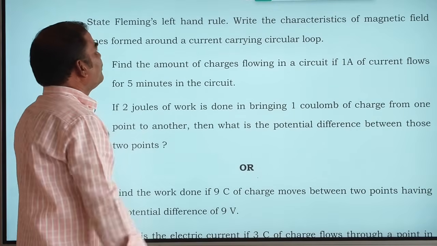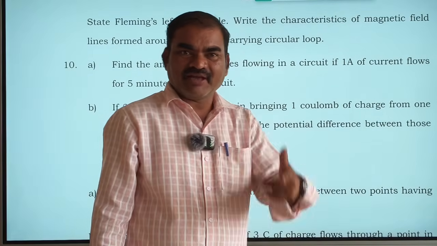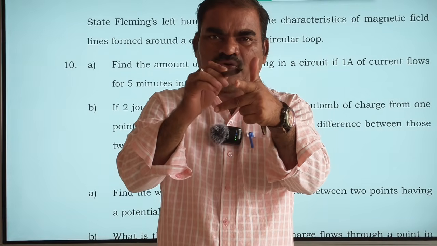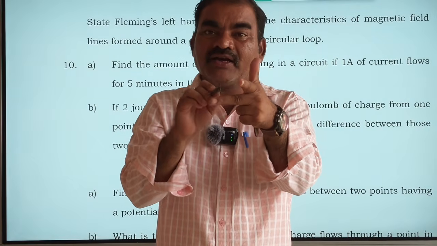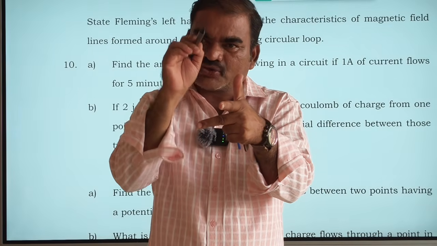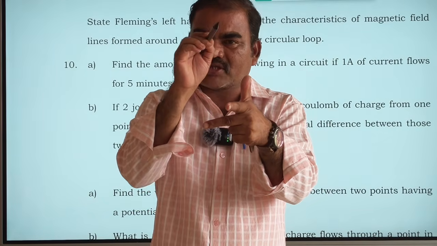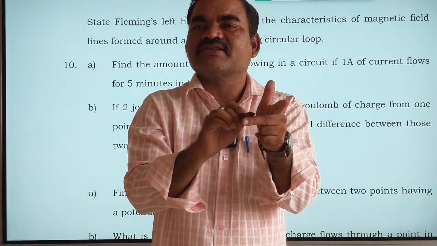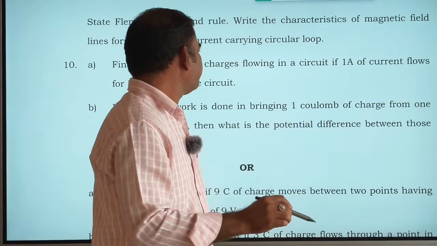And next one, Fleming's left hand rule. Hold your thumb, forefinger and middle finger mutually perpendicular to each other. The thumb shows the force, or motion, the forefinger shows the magnetic field, and the middle finger shows the current.